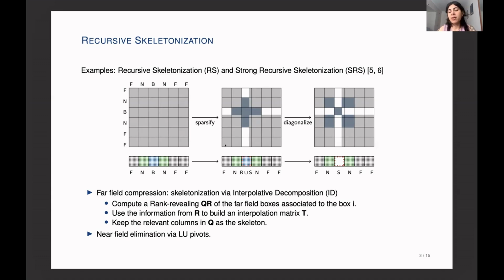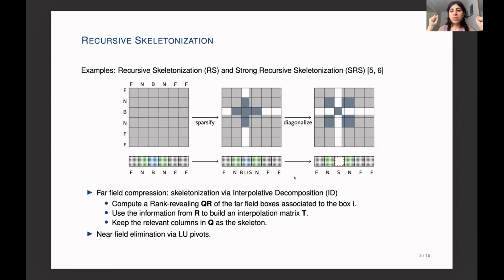You do it by a compression of the far field using an interpolative decomposition. So you define a tolerance, and you say, okay, these elements, you can compress them given this certain tolerance. And you also eliminate the near field using LU pivots. And the good thing about this strong recursive skeletonization is that as you perform this operation on your matrix, you end up with factors that are self-invertible.